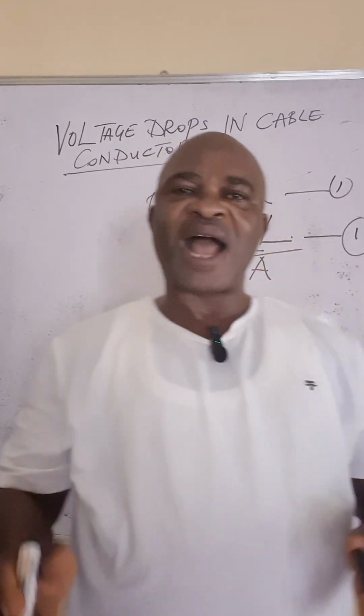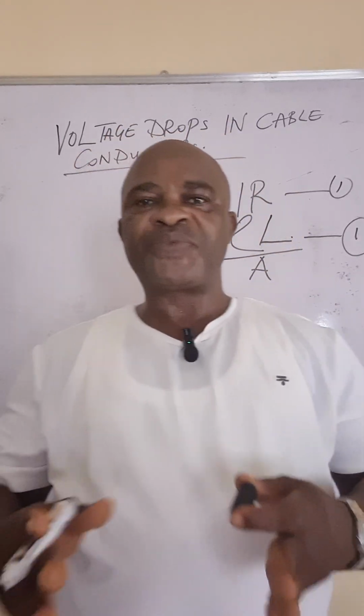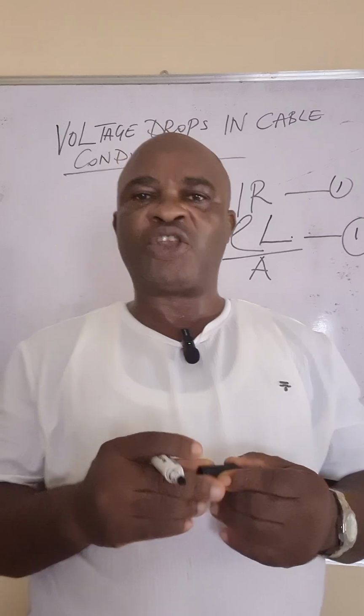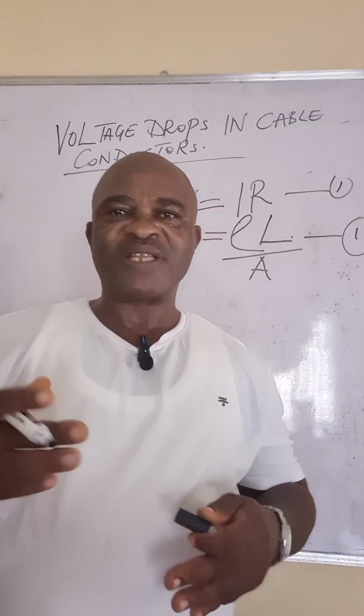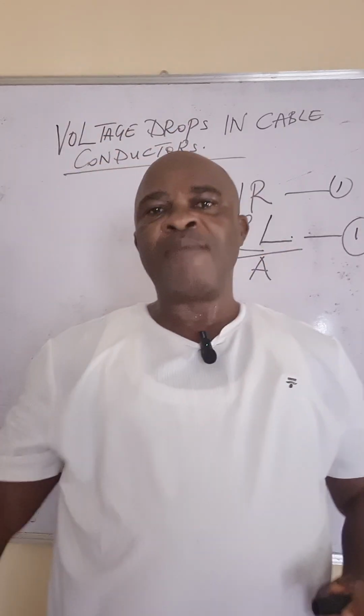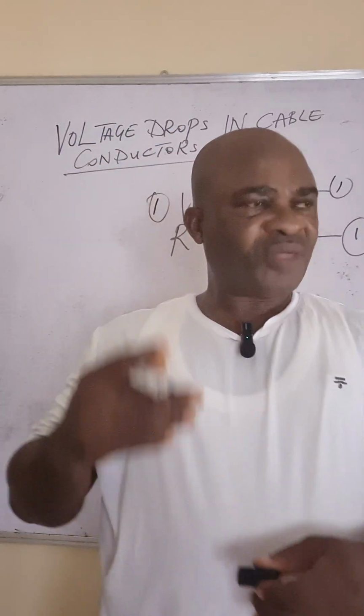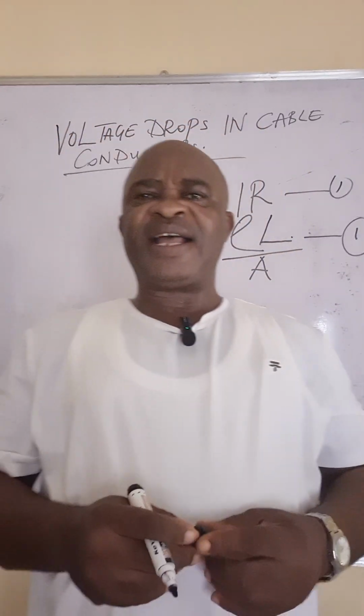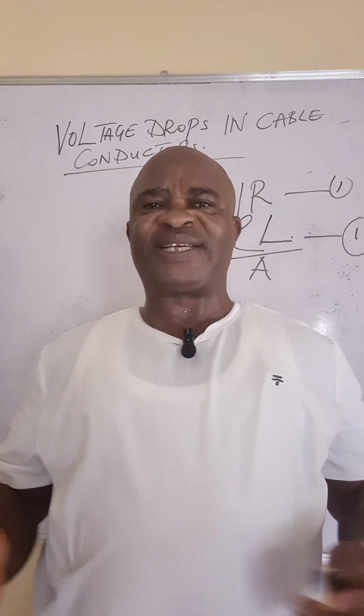Then now let's look at the factors on which voltage drop depends, or factors that can either improve, ameliorate, or mar it. One, we have thickness or size. Either you call it thickness or size.